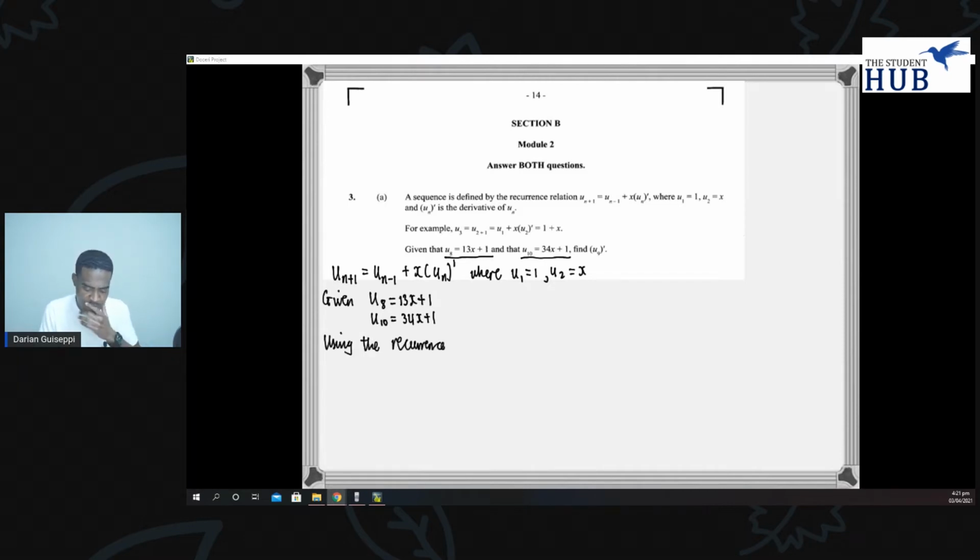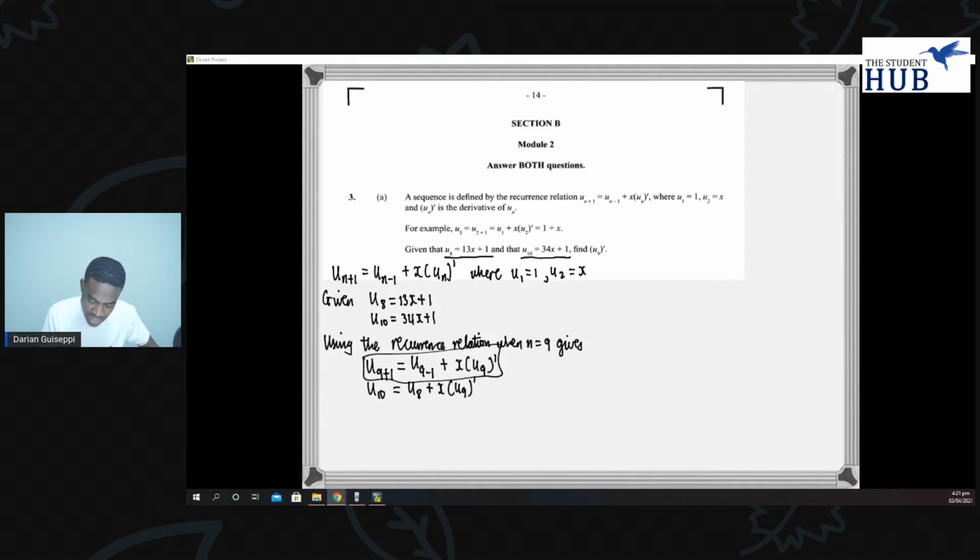So this is what I'm saying here. Let's use the recurrence relationship when n is equal to 9. This is the recurrence relationship, and when n is equal to 9, you substitute it into this. That's what I did here, and what I have is u subscript 10 is equal to u subscript 8 plus x by u subscript 9 prime.